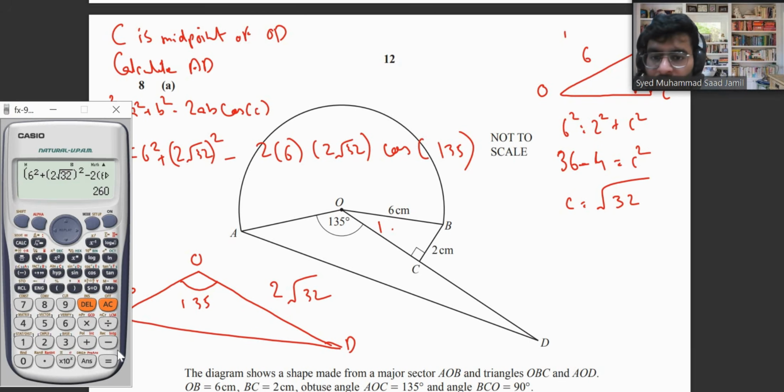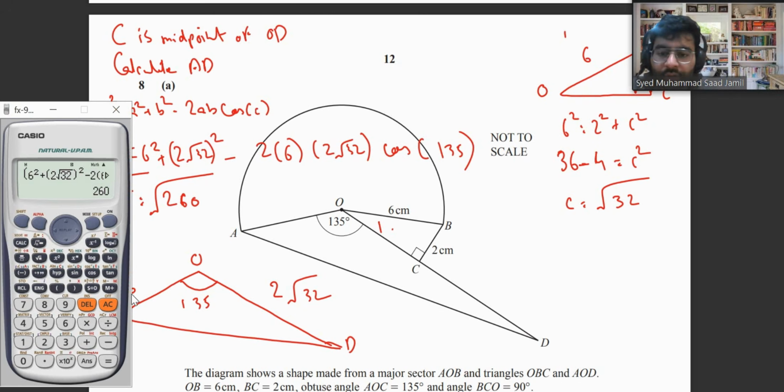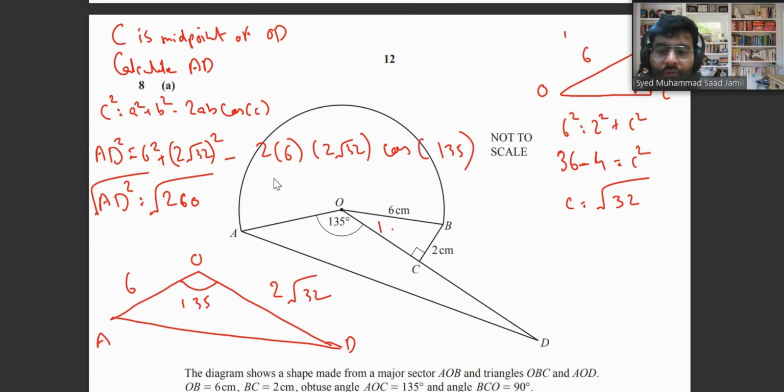Close the bracket, so you get 260. Okay, so AD square is 260. Of course, now we have to under root both the sides. So under root 260, you get 16.124. So you guys can write AD as 16.1 only.